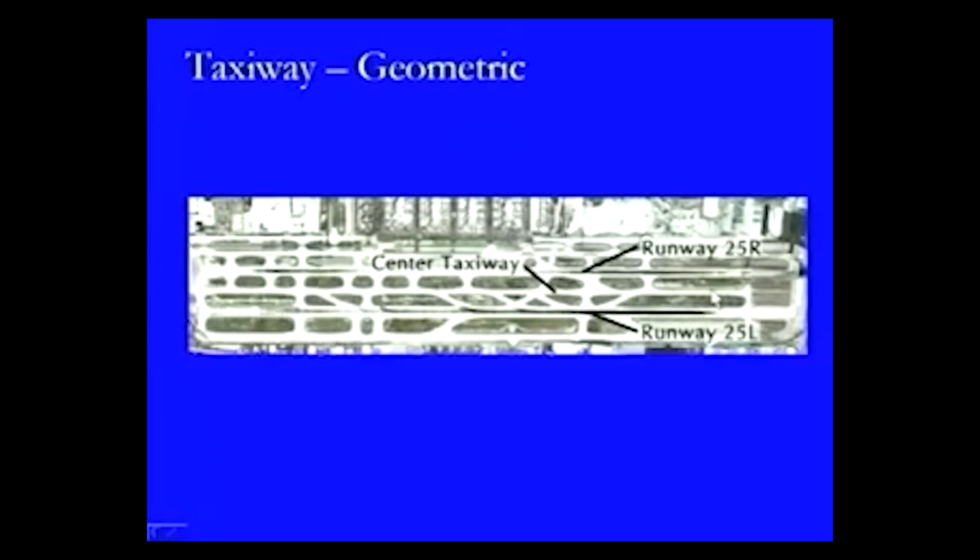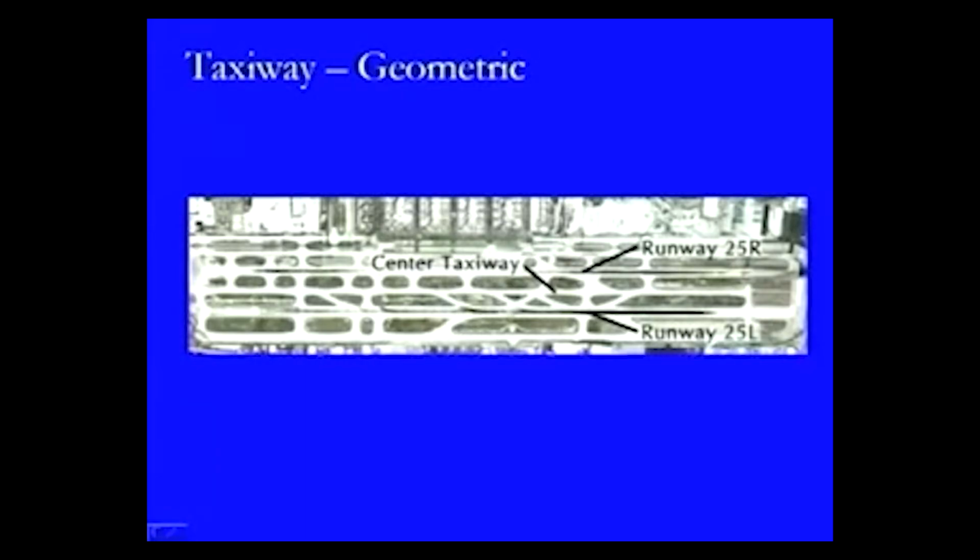What we have discussed previously as a requirement of the provision of the taxiway is that it should have multiple access points to the runway strip. So, here we can see very easily that this runway strip or this runway strip, they are being connected to the central taxiway by a number of connectivities, and we can see the connectivities in this direction as well as in this direction, and similarly here.